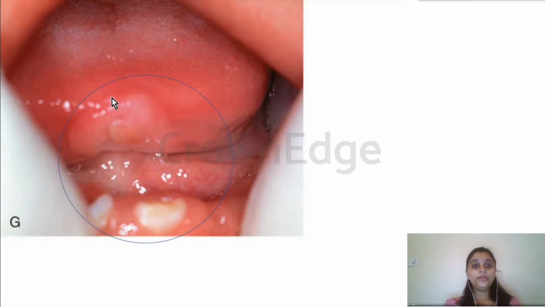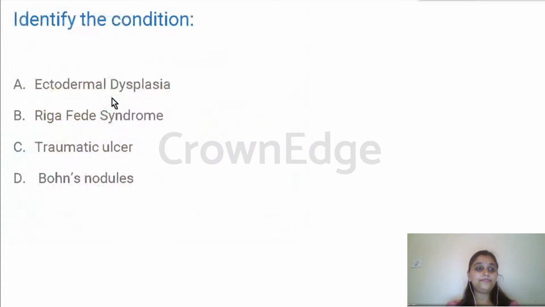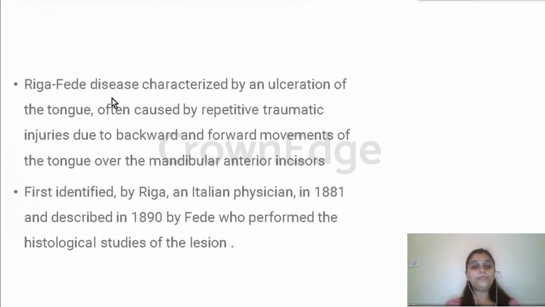That is what is drawing our attention here, and yes, option B is the correct answer, Riga-Fede syndrome. Pramavati says the ulcer is due to the eruption of the incisors. Very right. So let's just talk about this briefly.